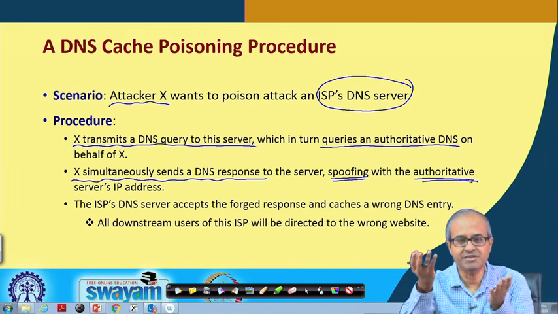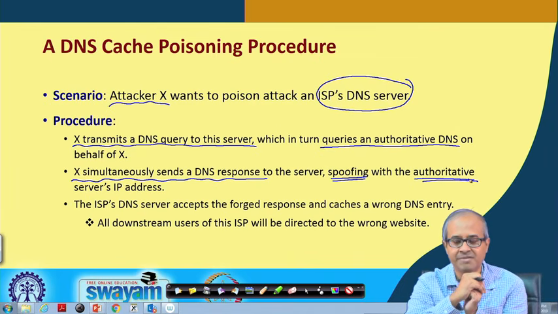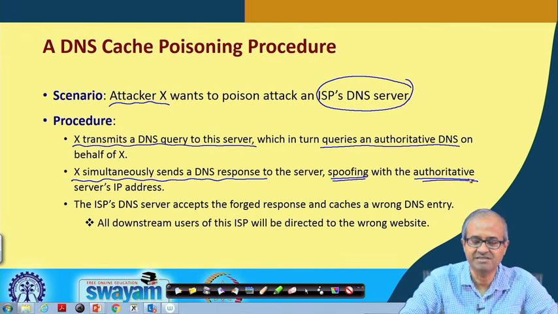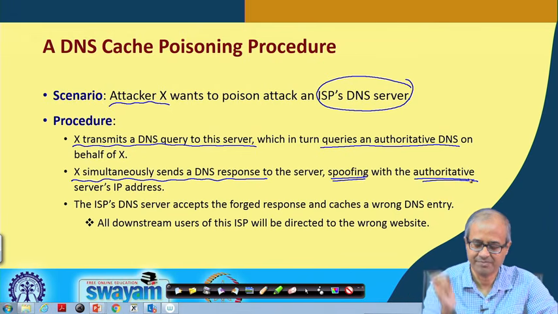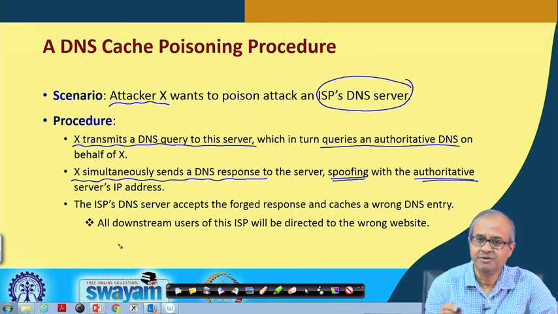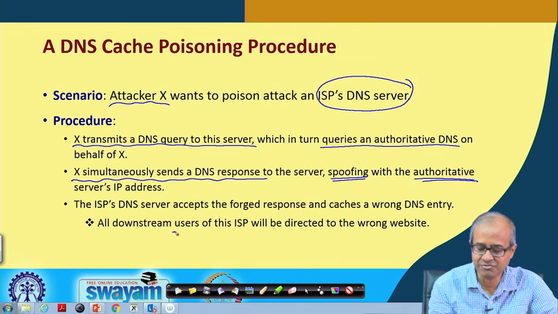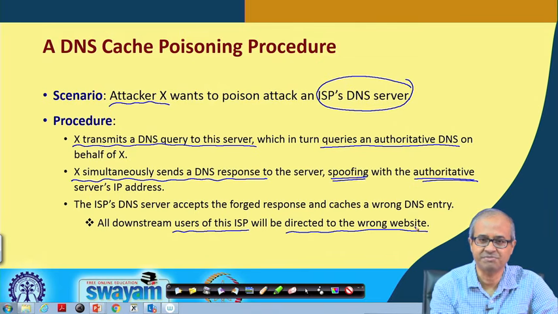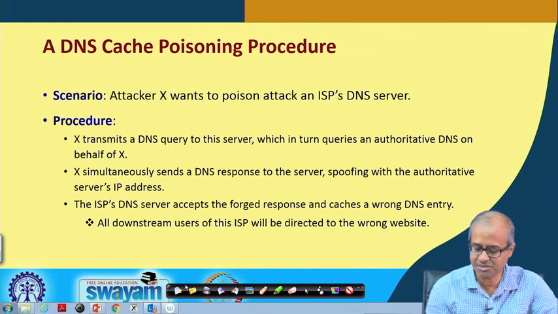So, when the fake response goes to the ISP's DNS server, the DNS server believes that it is the correct response and puts it in the cache, but it is a wrong IP address. Okay. Subsequently, all users who are using that particular website or domain name will be redirected to this wrong IP address, wrong website. This is what is meant by DNS cache poisoning, and this can be done using this mechanism.